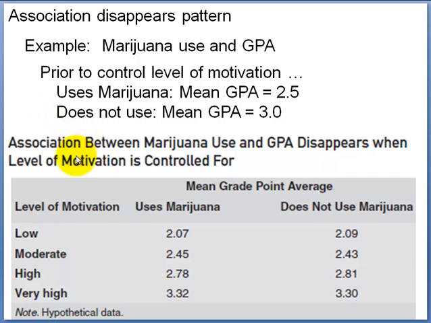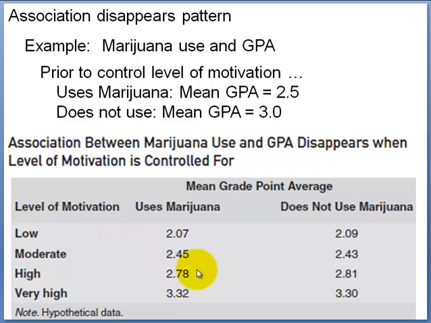So let's go ahead and control for level of motivation in school. Let's hold level of motivation in school constant and, within subgroups of motivation, examine the relationship of marijuana use and GPA. So let's look at the 4 different groups.